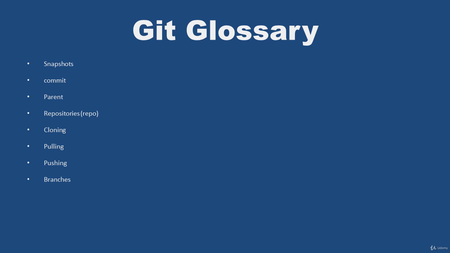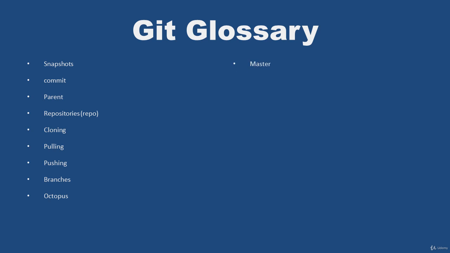The next word we want to look at is octopus. This is not the octopus as you know it. What octopus means in Git is when you merge more than two branches together. It's known as an octopus. The next word is master.